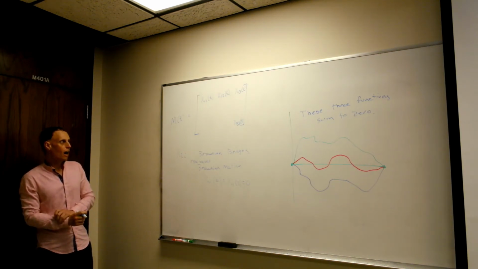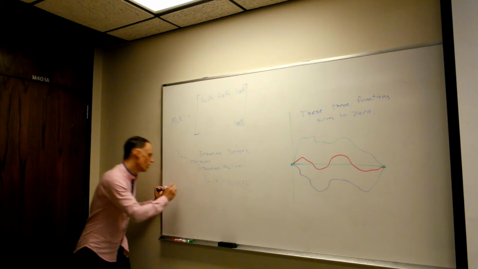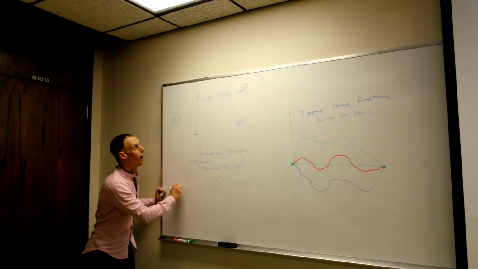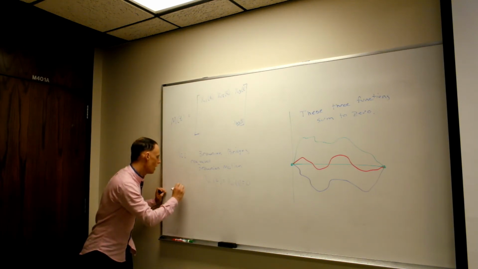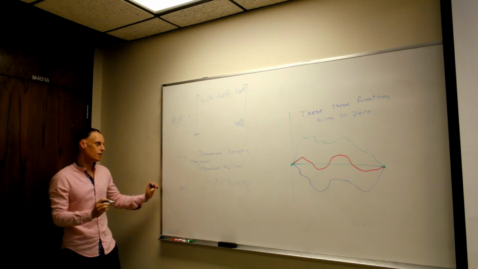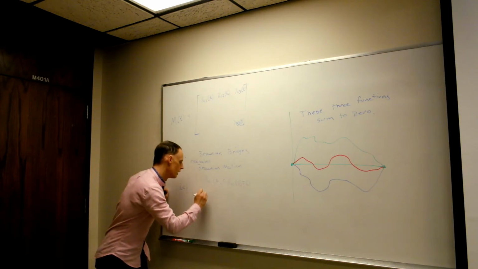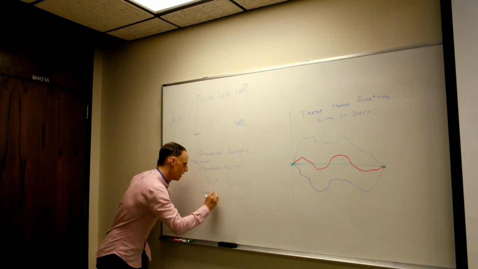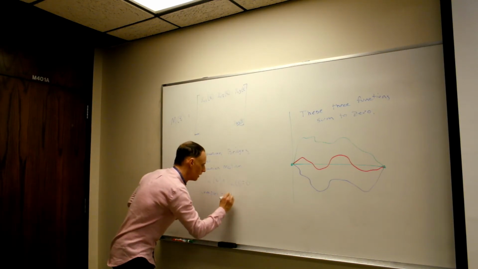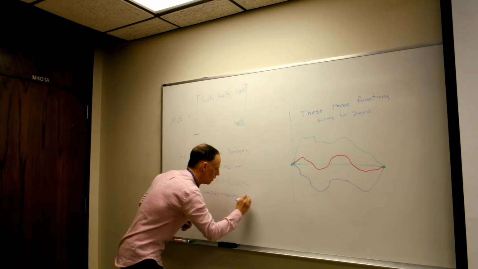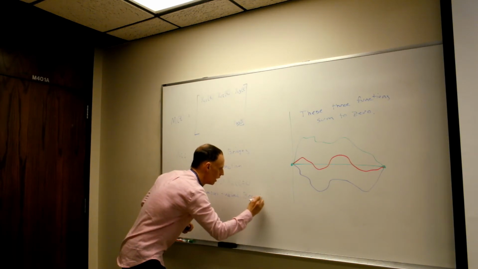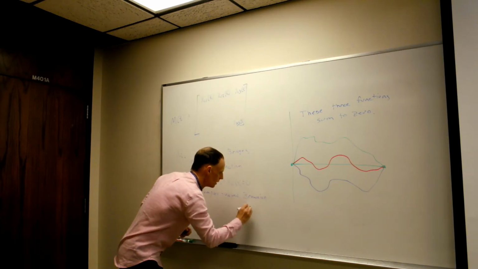And off the diagonal, for i less than j, these are going to be complex valued Brownian bridges.